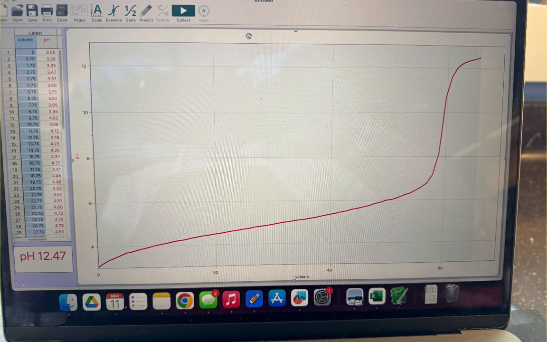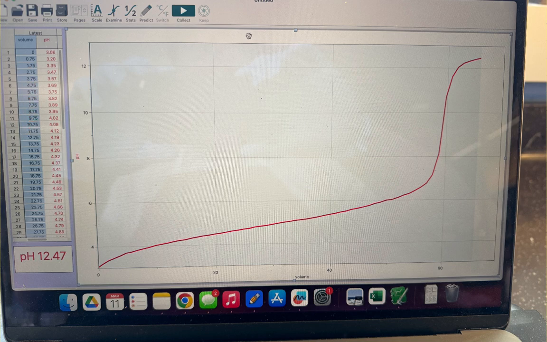All right, so what about the data that you're going to collect for this lab? Well, you can see from this picture that I took of my computer, this is what the data and graph is going to look like for this lab. This is what we call a titration curve. So you can see over here on the table on the left, I put in the volume of NaOH that's being dispensed.